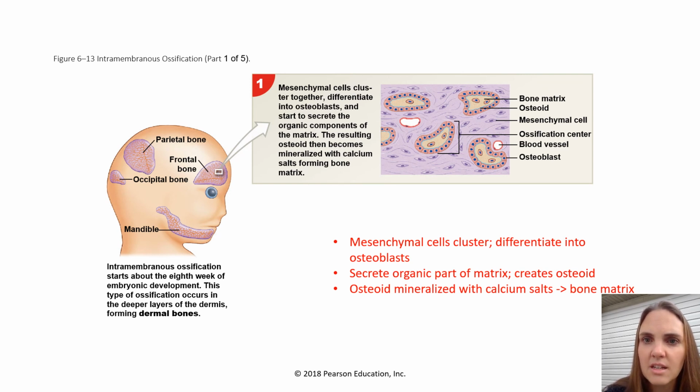So we've got our osteoblasts here. They're producing matrix here, which will initially be osteoid, and then it will become mineralized or calcified with those calcium salts to form the actual bone matrix.